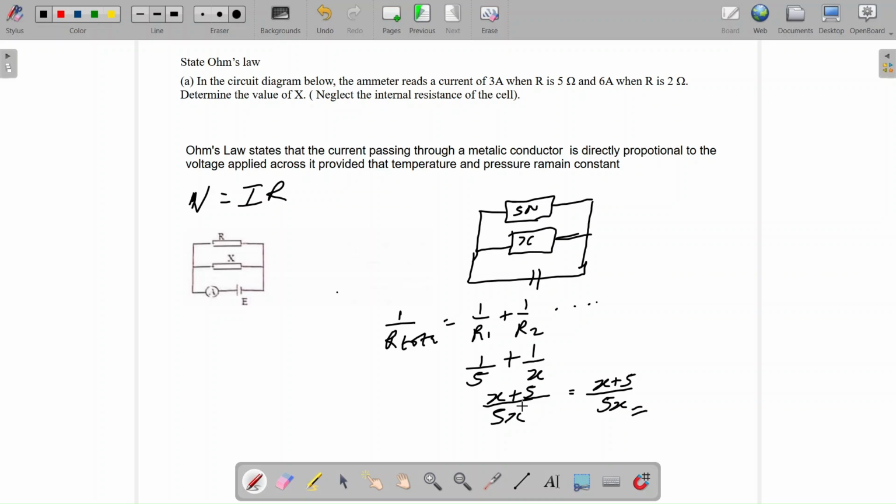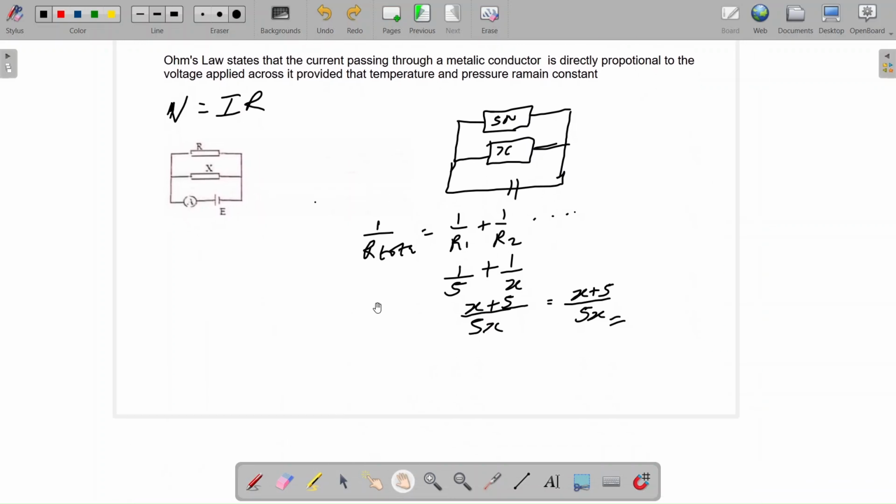That is equation 1. And we are told that this is equal to 3. And the second one we are given another I total. So R total 2, that is 1 over... so in order for you to find R total, this is 1 over R total.